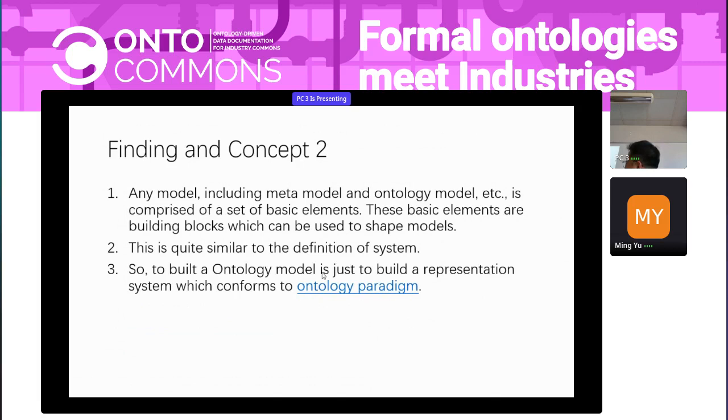We need to find some basic elements and relations. So when we build a model, it is very similar to building a system. The conclusion is that building an ontology model is just like building a representation system which conforms to the ontology paradigm. That means the ontology model is just like other model systems, but it should follow the ontology paradigm.